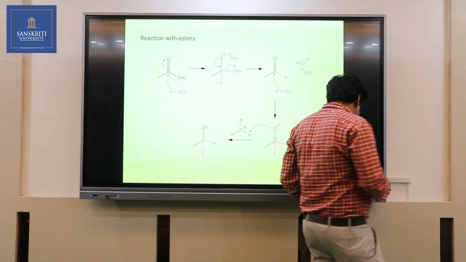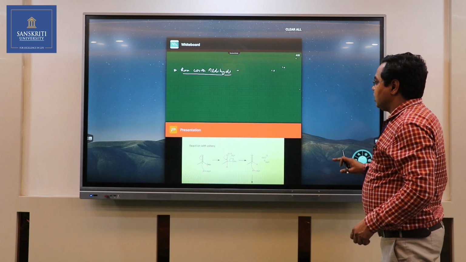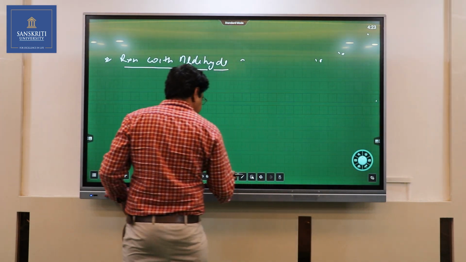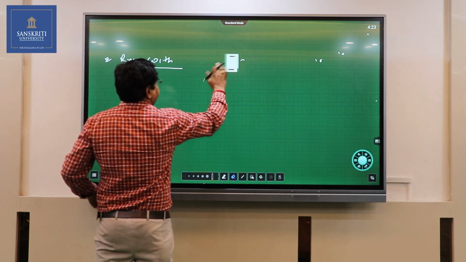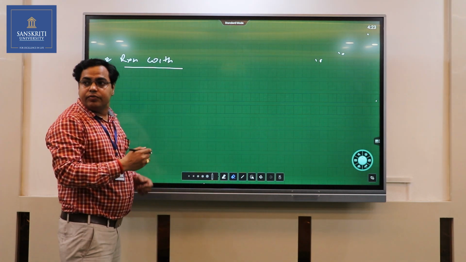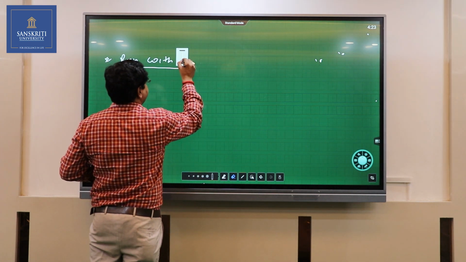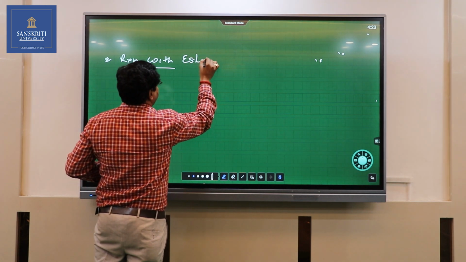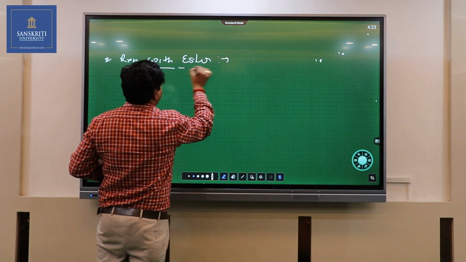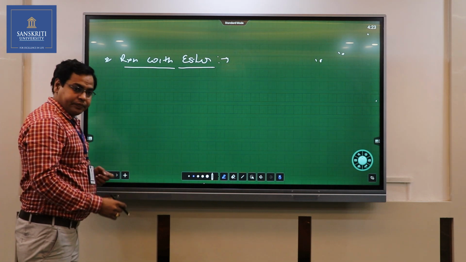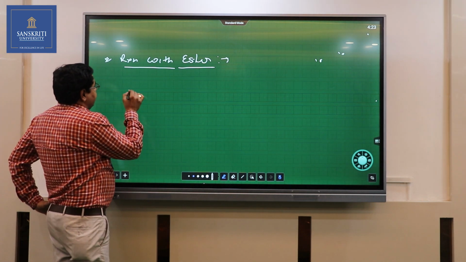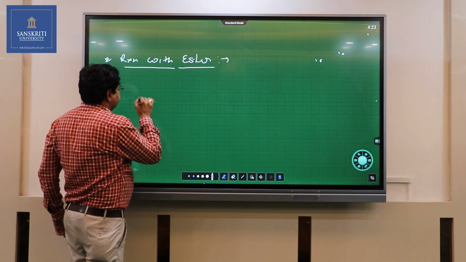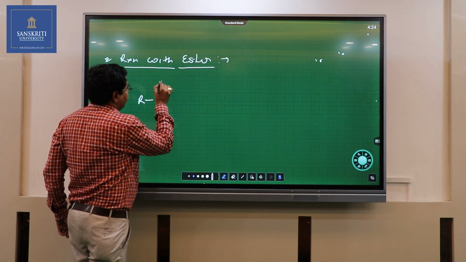We understand from this mechanism the reaction with ester. Firstly, we represent the ester, RCOOR.